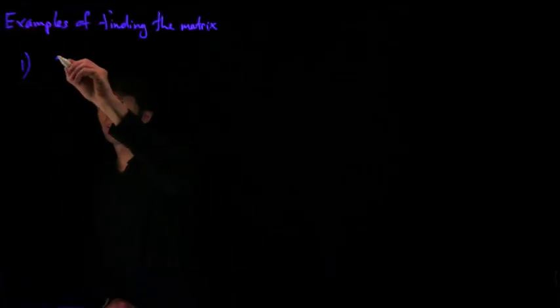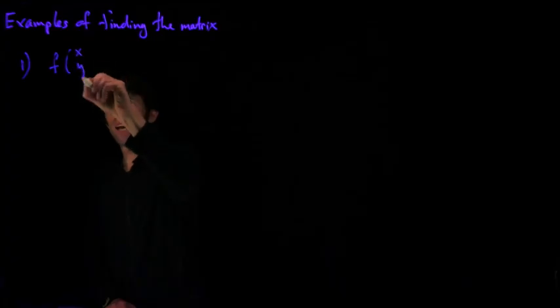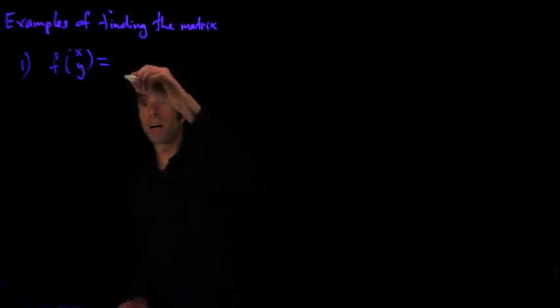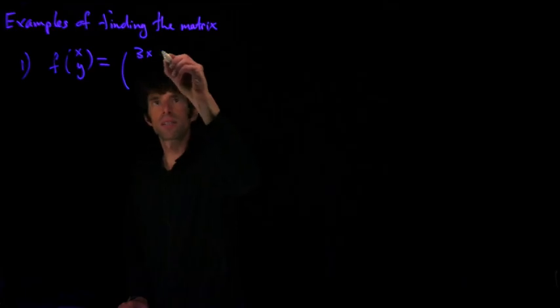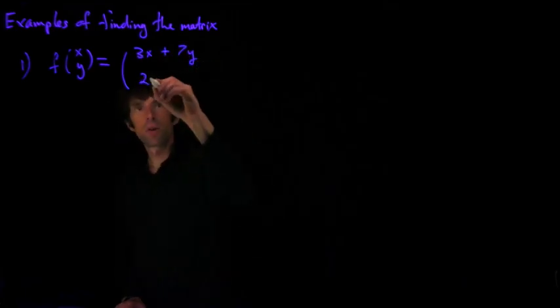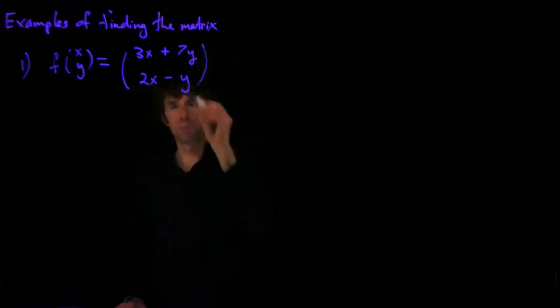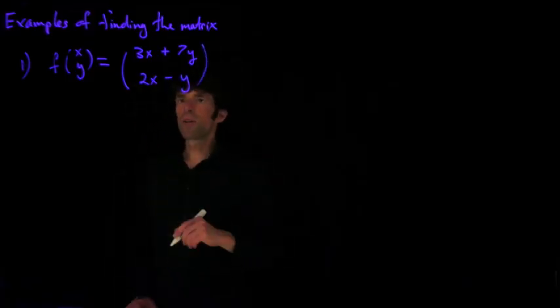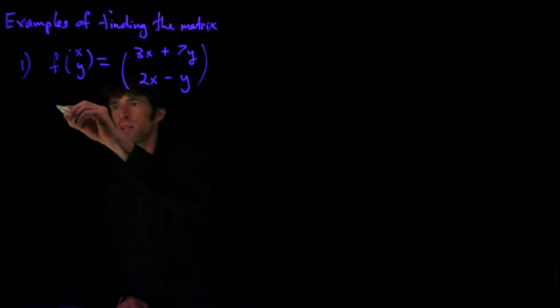Let's look at a couple of examples of finding the matrix associated to a linear transformation. So here's the first one. Let's take the function f, which takes an x and a y as input and produces as output the following vector, (3x plus 7y, 2x minus y). I think this is a matrix I used earlier. So we want to find what is the matrix for this.